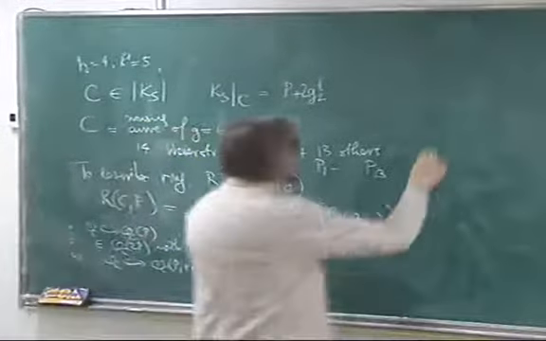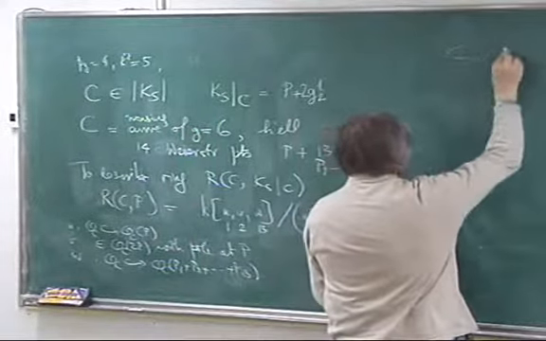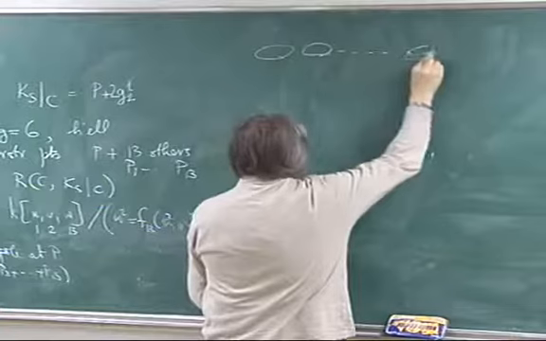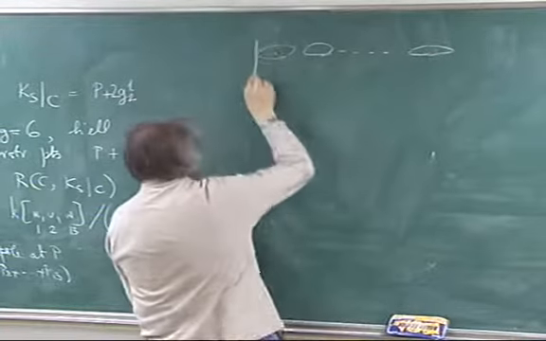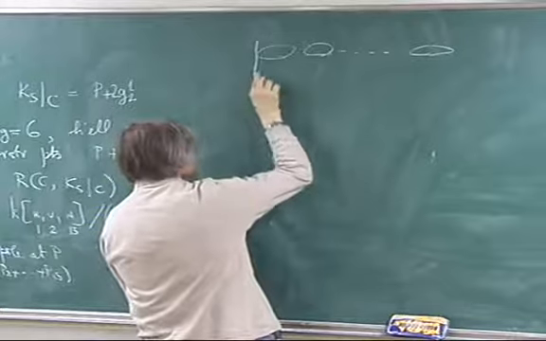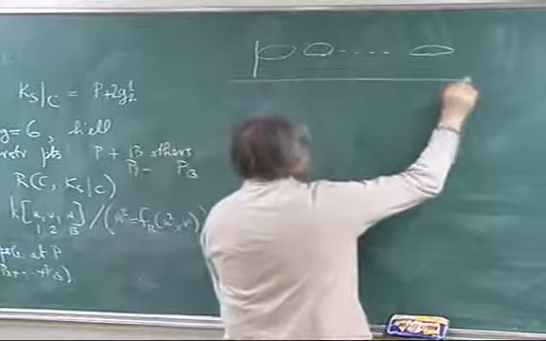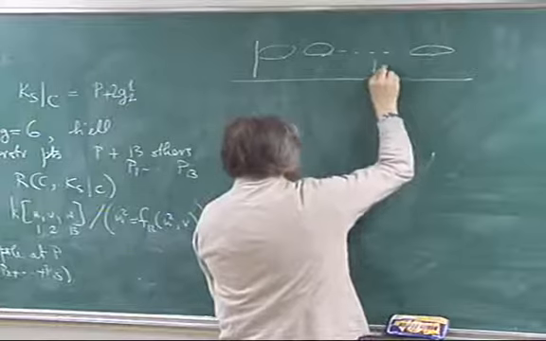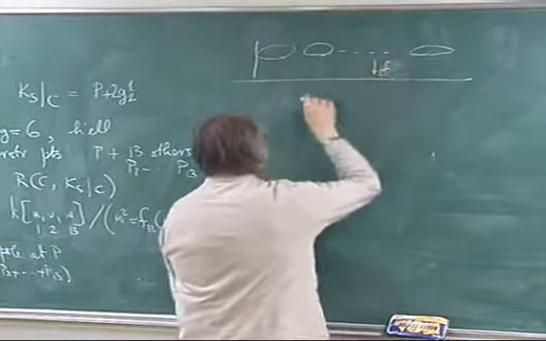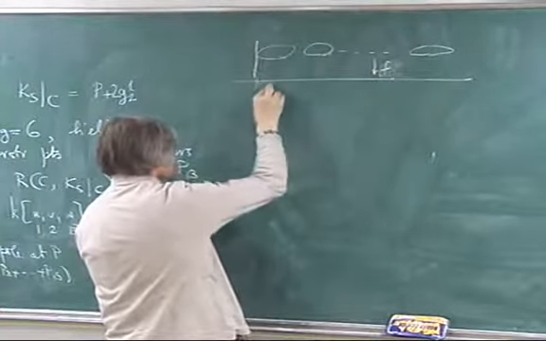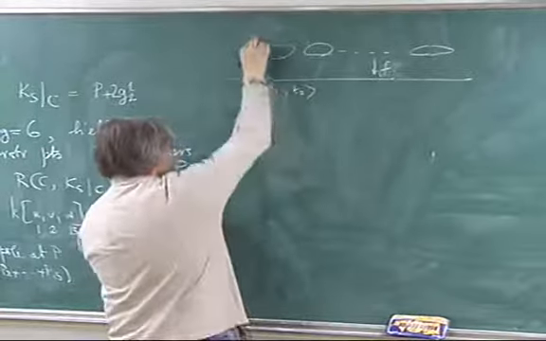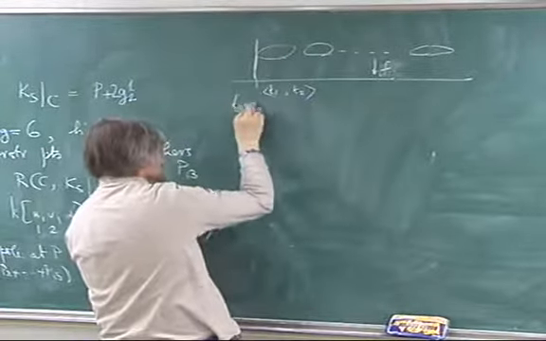Here's the picture, something like this. Here is U. This is the hyperelliptic map F, and downstairs I have T1, T2 coordinates on P1, and here T1 equals U squared.